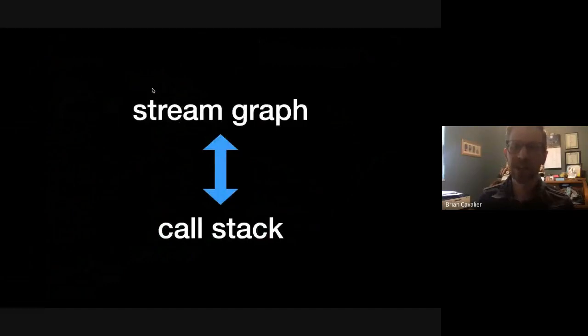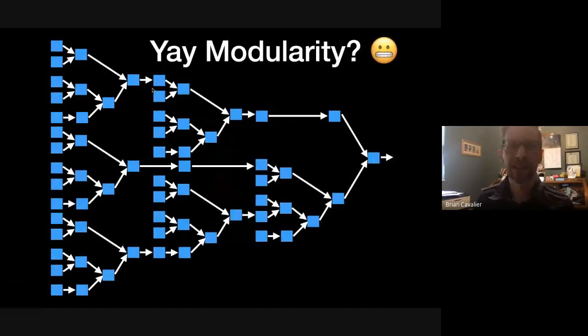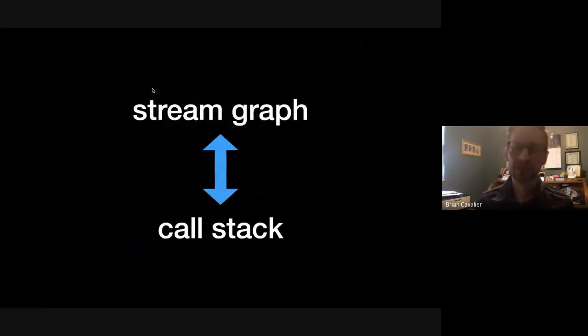So why the scary face? Well, remember that the stream graph directly corresponds to the runtime call stack. So a very deep graph means a very deep call stack. A very wide graph means a wide call stack.